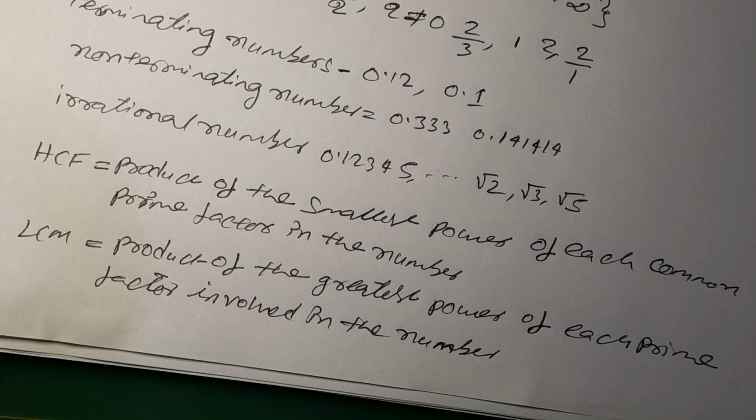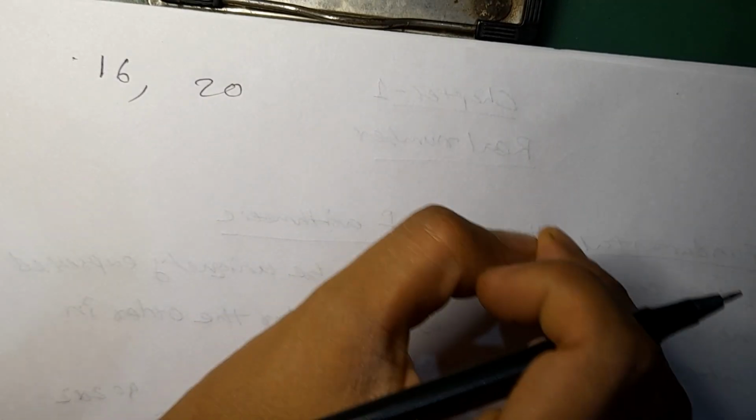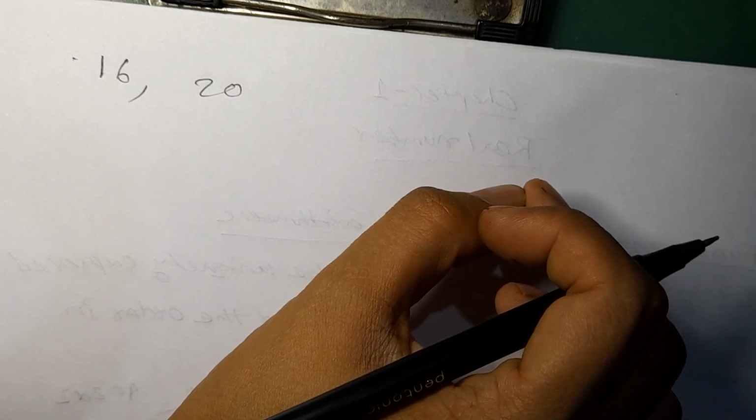So let's do an example. Let us take two numbers, 16 and 20. First, we have to do the prime factorization. Prime factorization means finding all the prime numbers which divide 16.